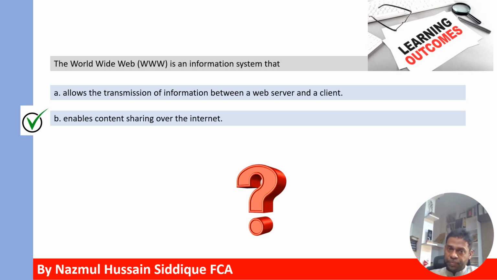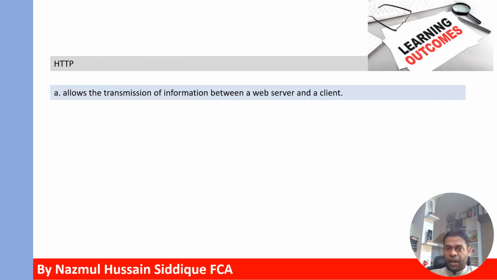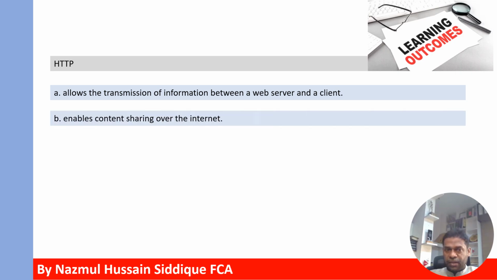Correct answer is B. The World Wide Web is an information system that enables content sharing over the internet. HTTP allows the transmission of information between a web server and a client, or HTTP enables content sharing over the internet. Which one is correct answer? Number A. HTTP allows the transmission of information between a web server and a client.